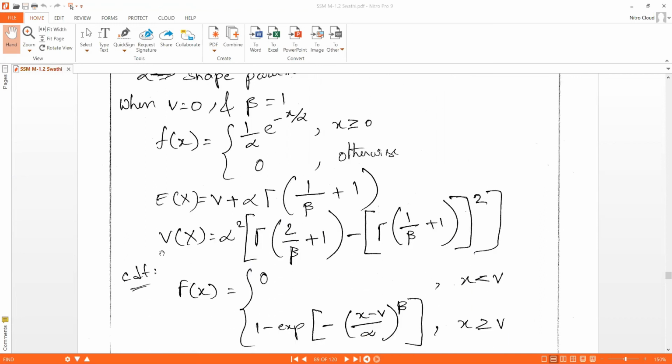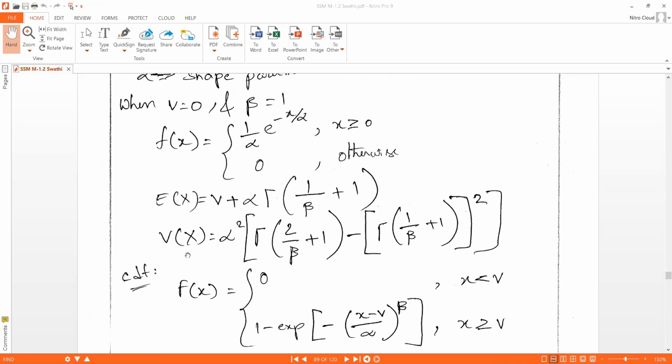Okay, here the mean E of x will be calculated by using this equation: E of x equal to v plus alpha into gamma of 1 by beta plus 1. The variance can be calculated like this: V of x equal to alpha square into gamma of 2 by beta plus 1 minus gamma of 1 by beta plus 1 whole square.